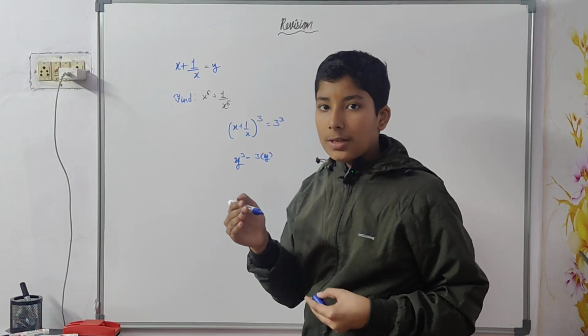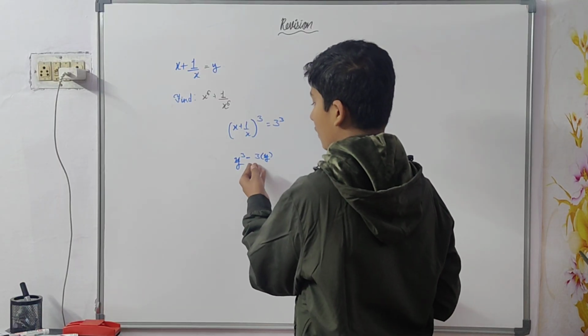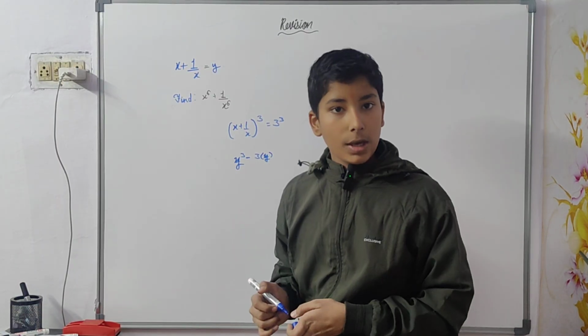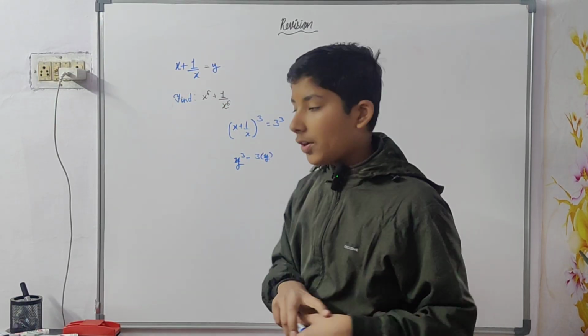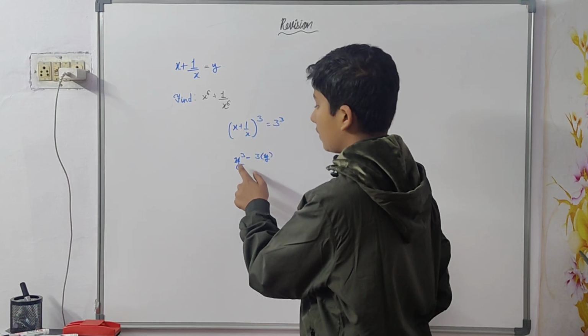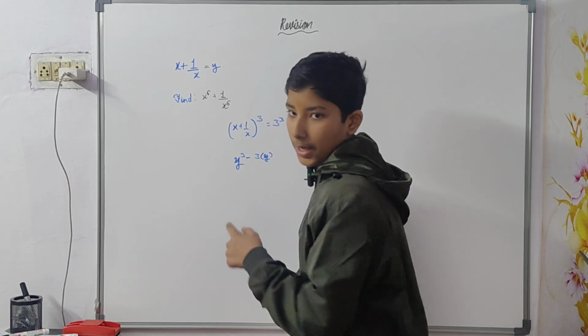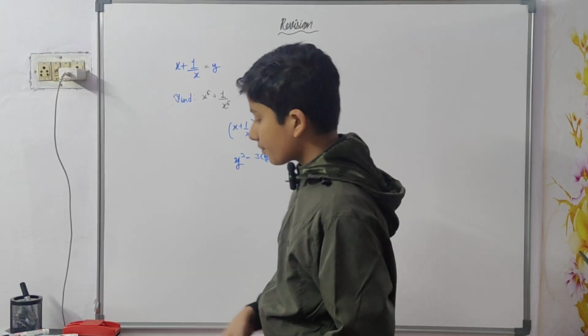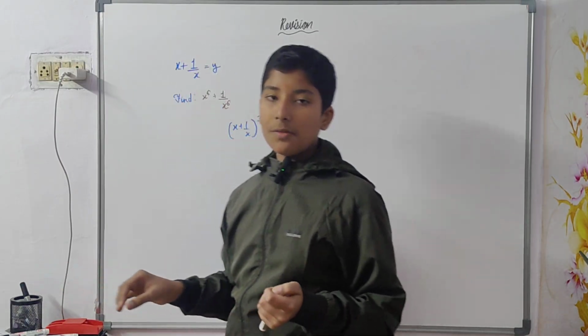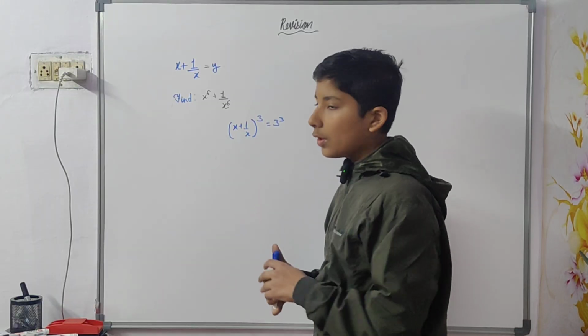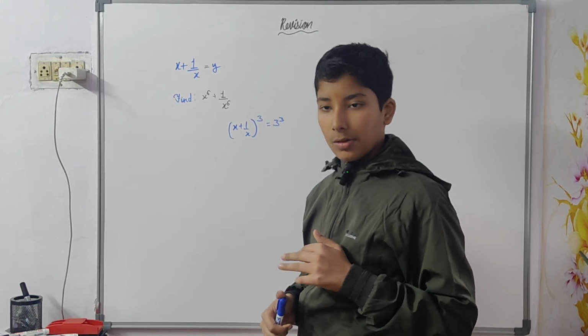So you have to just use this formula, y cube minus 3y. Okay, if it is plus, and if minus is given, then just the opposite of this, y cube plus 3y. So I'll tell you both ways, firstly by solving and then by the formula method.